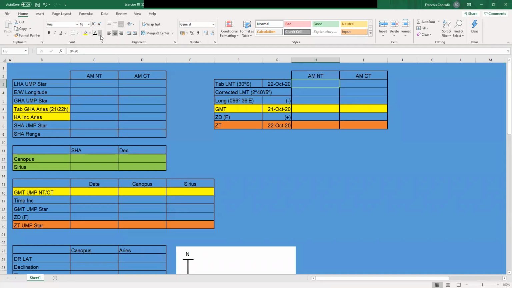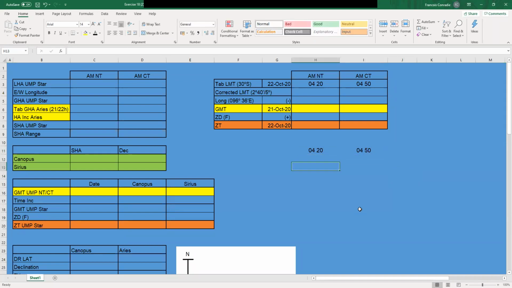So over here we had 04:20, and over here we had 04:50. Everyone happy with that? Yes, sir. Right. So we had 4:20 and 4:50. This was at 30 degrees south. I'm going to put that in there as well.